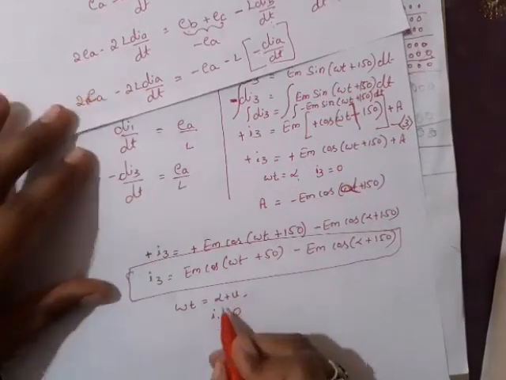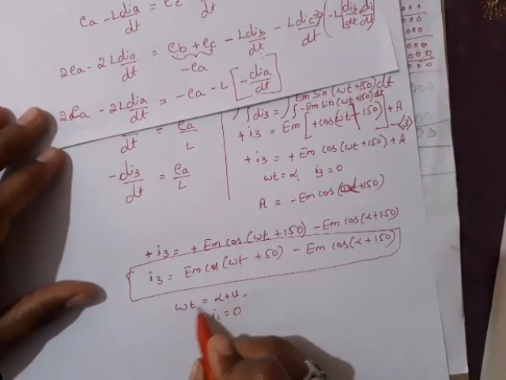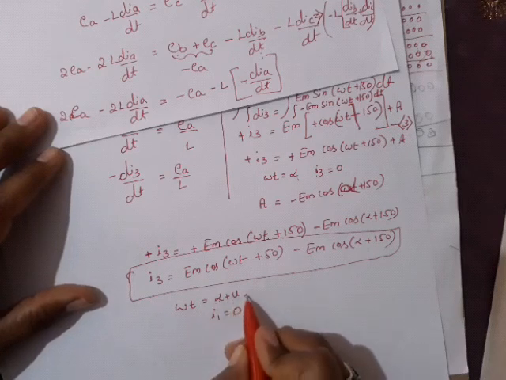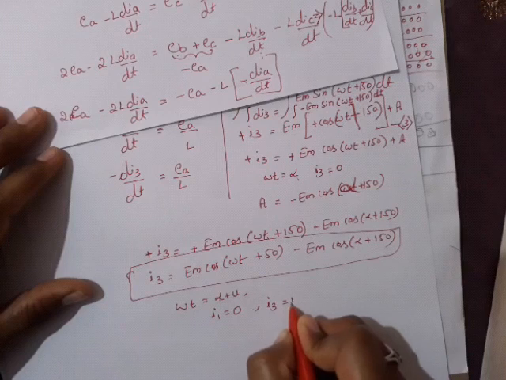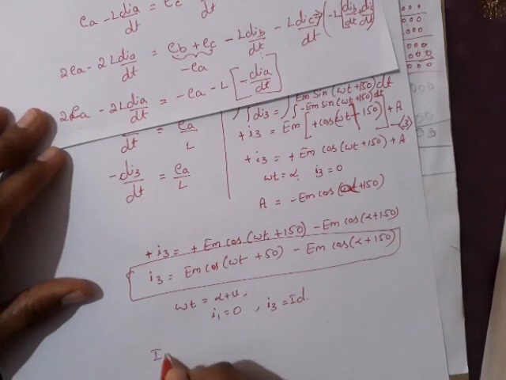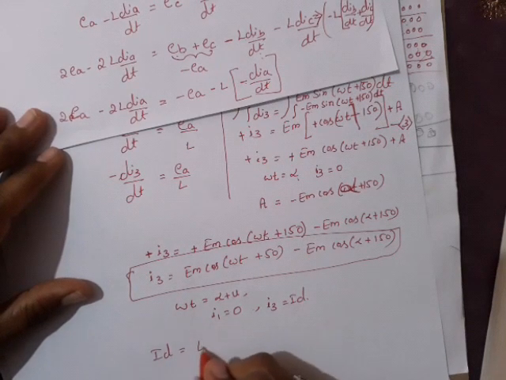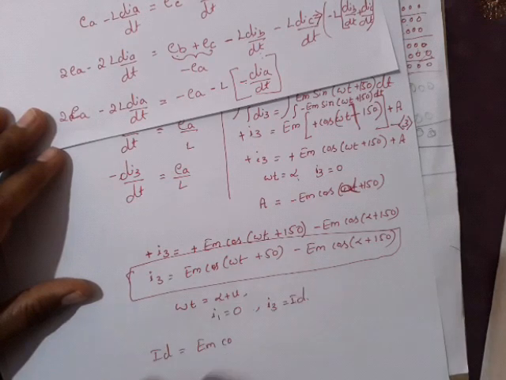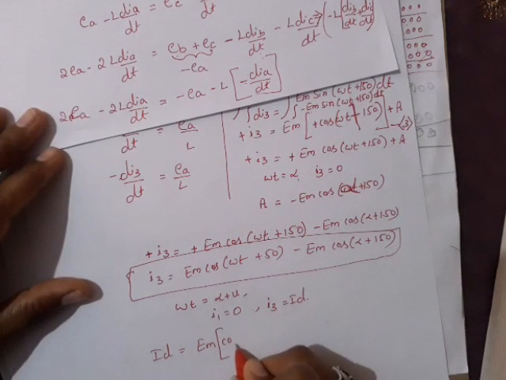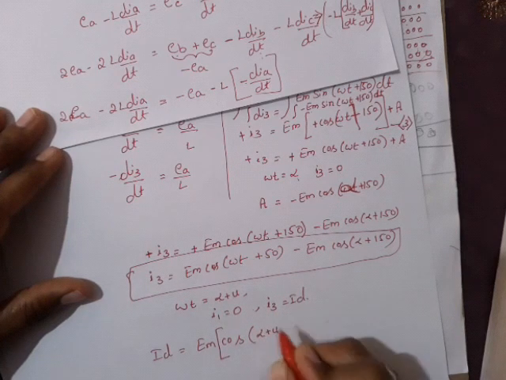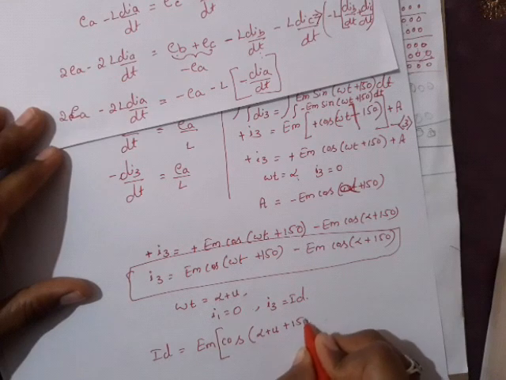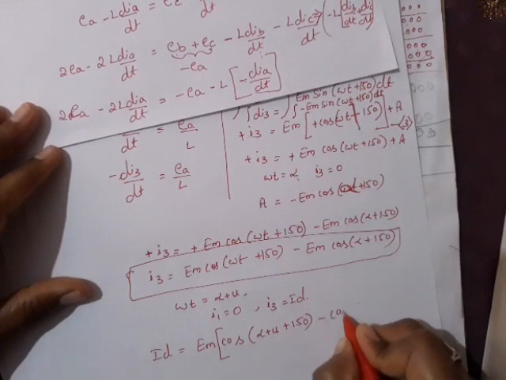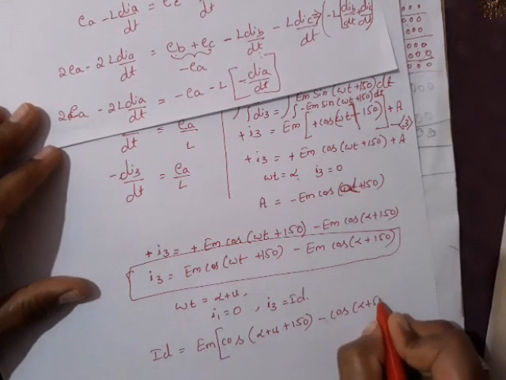So when omega t is equal to alpha plus u, I1 is 0, so that I3 is equal to ID. So ID current is given by Em, taking Em outside, cos of alpha plus u plus 150 minus cos of alpha plus 150.